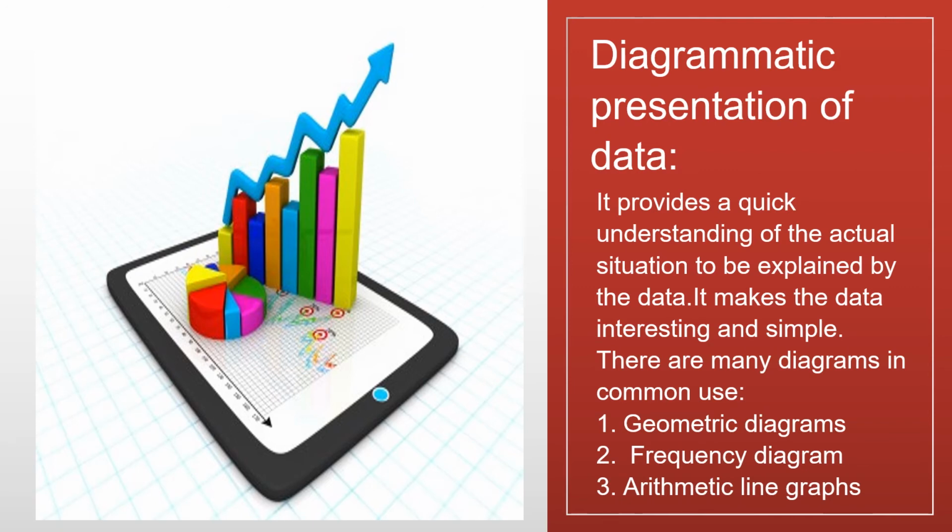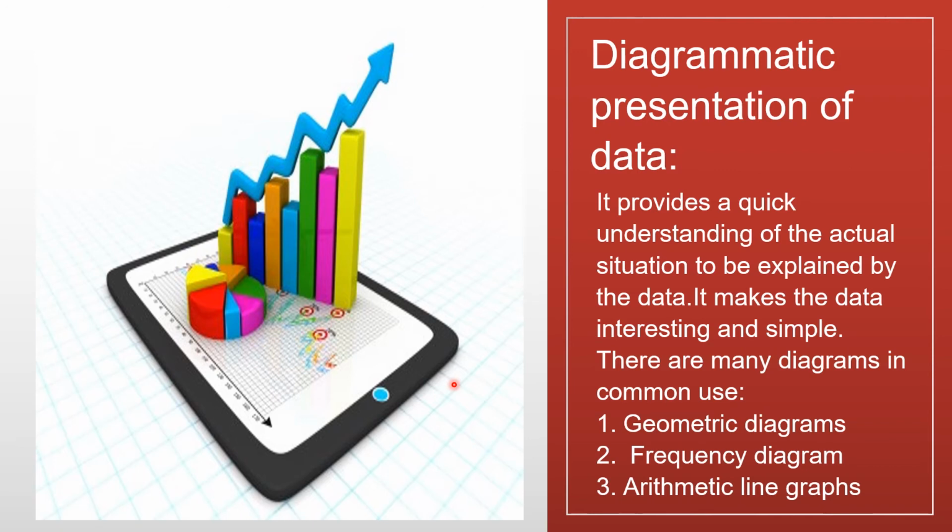Diagrammatic representation of data provides a quick understanding of the actual situation to be explained by the data. It makes the data interesting and simple. Even in newspapers and magazines, you see pie charts, pie diagrams, histograms, frequency polygons, and various bar diagrams, multiple bar diagrams, component bar diagrams, and so on.